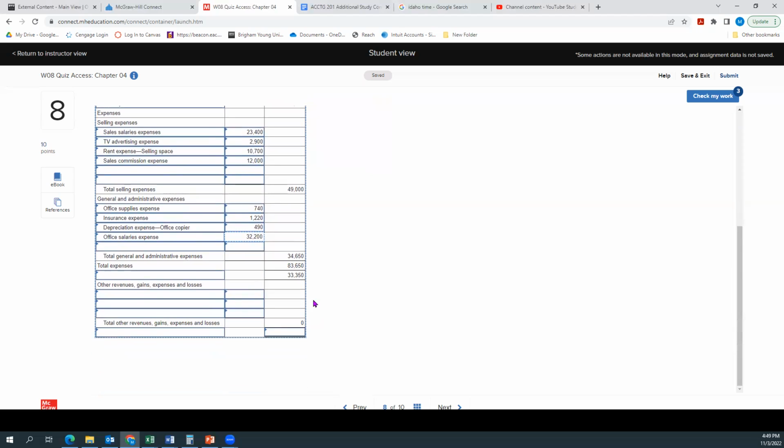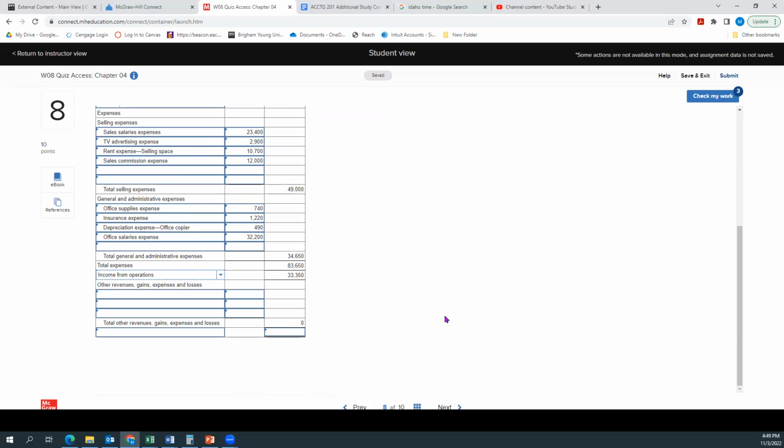And then this is kind of like our income before we have to pay any interest and taxes. Sometimes you'll see it called income from operations, which is the option they give us here. On some statements, you'll see it called EBIT, which is earnings before interest and taxes.